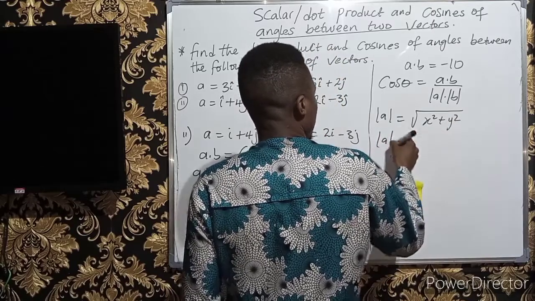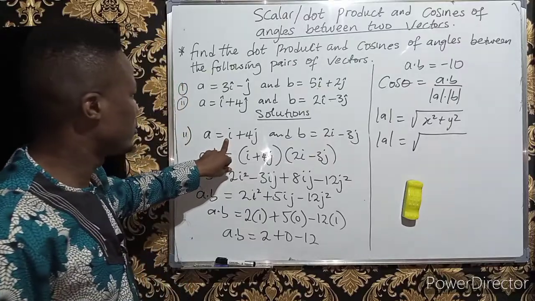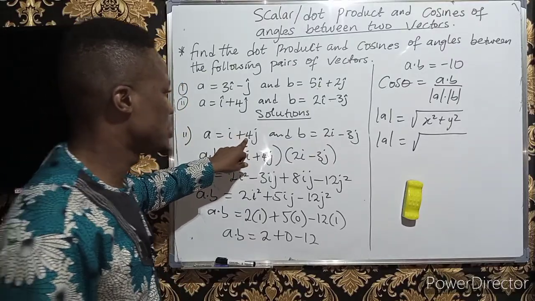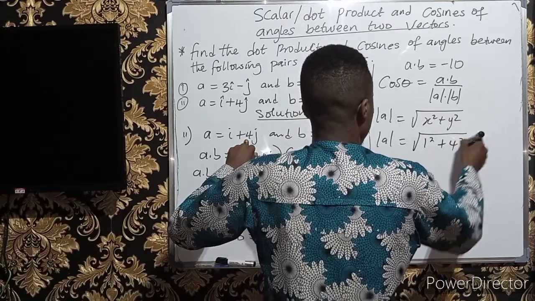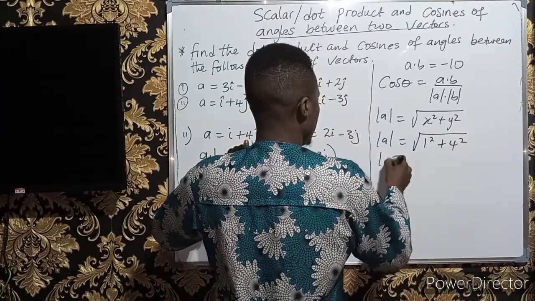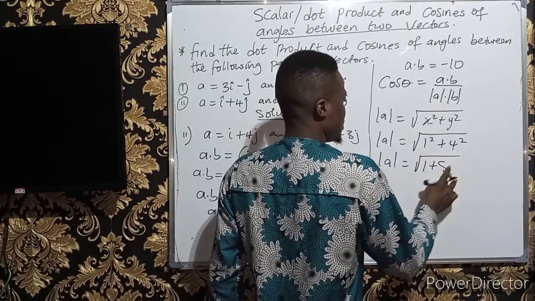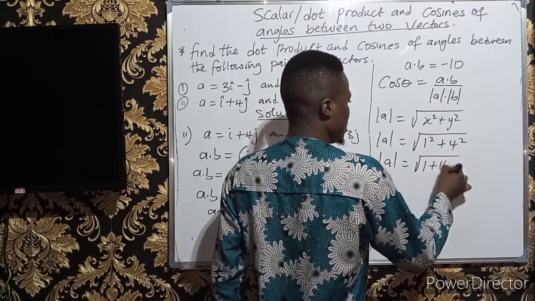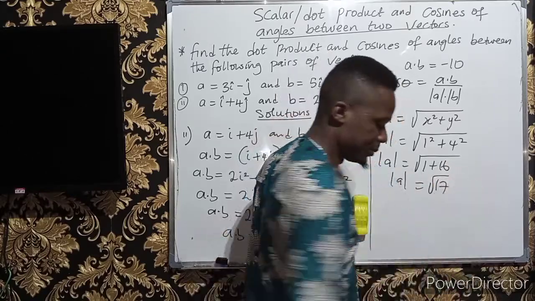For a, my x, the coefficient of i, is 1, and y, the coefficient of j, is 4. So I have 1 squared plus 4 squared. Modulus of a will give me square root of 1 plus 16, because 4 squared is 16. When I add up, I'm getting root 17.